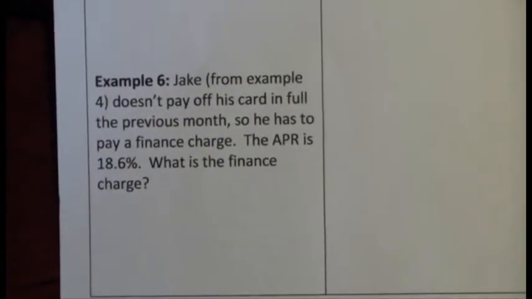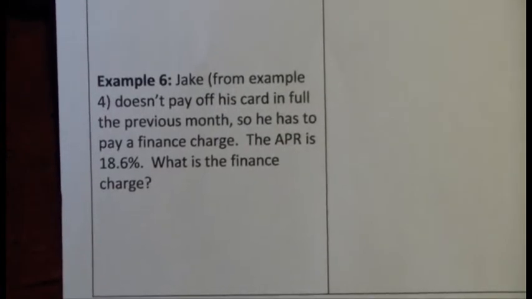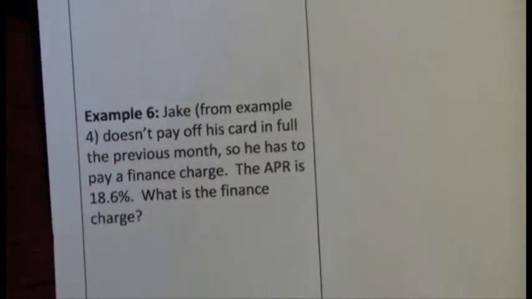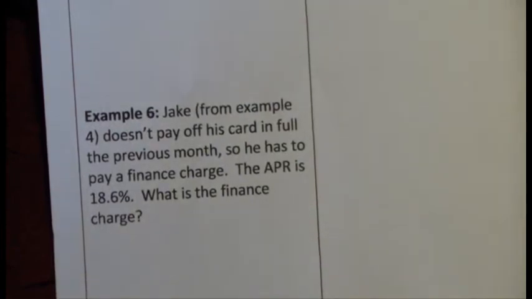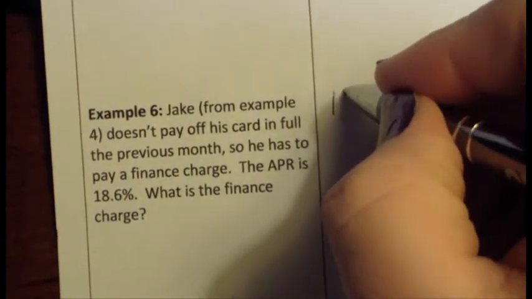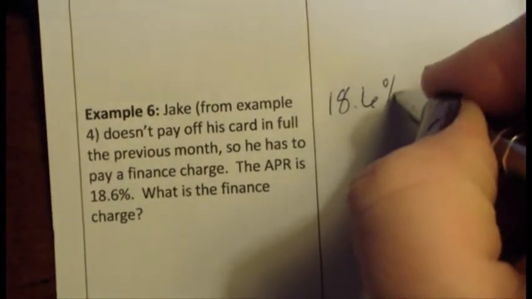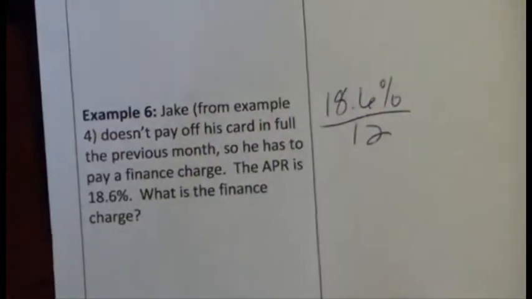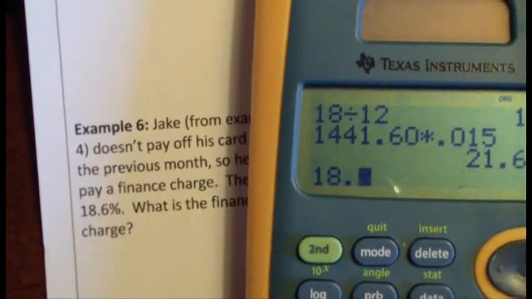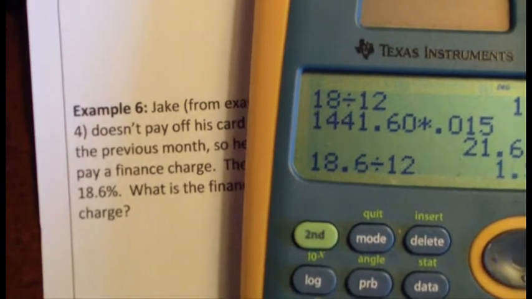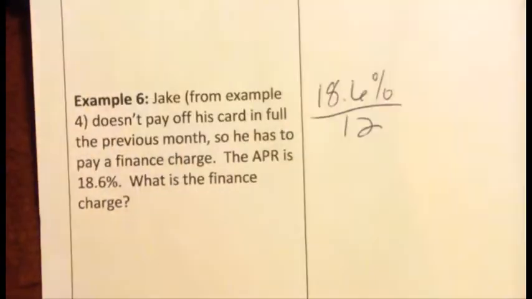Last example, example 6. Jake from example 4 doesn't pay off his credit card in full the previous month, so he has to pay a finance charge. The APR is 18.6%. What is the finance charge? So let's start by figuring out what his monthly percentage rate is. 18.6% divided by 12 is 1.55%.